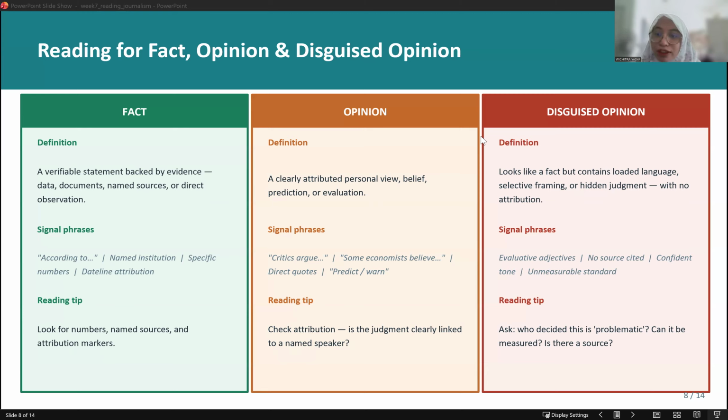There's no source cited, and they sound confident, and there's an unmeasurable standard because there's no standard. They just say this is the best, but it doesn't say according to who or what standard. So you should ask who decided this is problematic. Can it be measured, or is there a source?